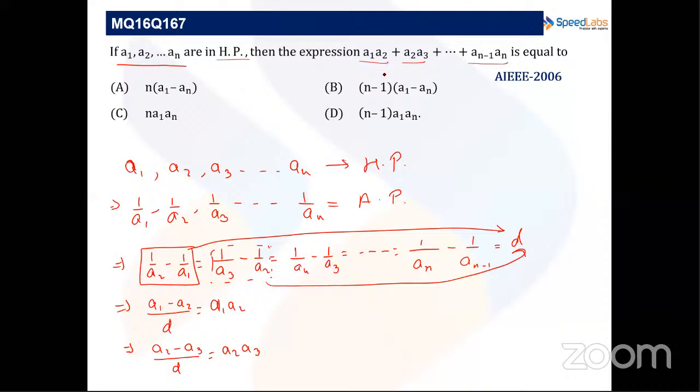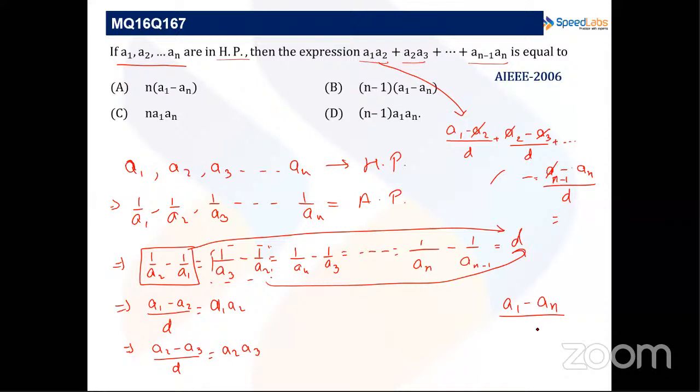So thus we are having (a1 minus a2) upon d plus (a2 minus a3) upon d plus so on, up to the last term, (a(n minus 1) minus an) upon d. This will be equal to the total sum. Now a2 will be cancelled out, a3 will be cancelled out, and so on, and we will be left with (a1 minus an) upon d.